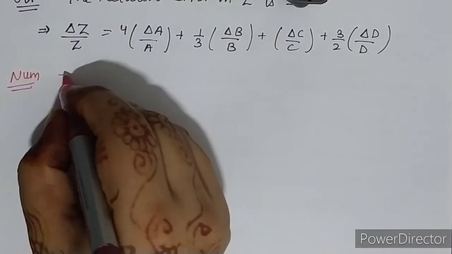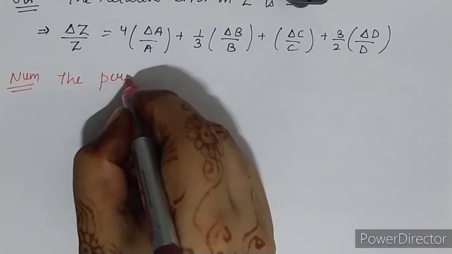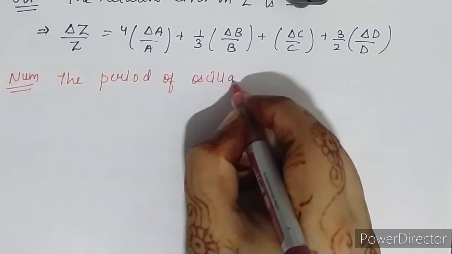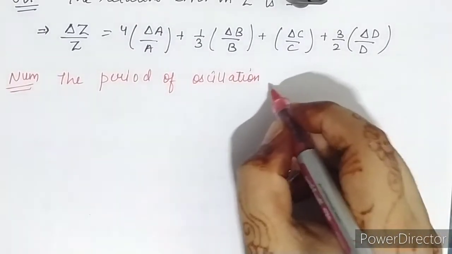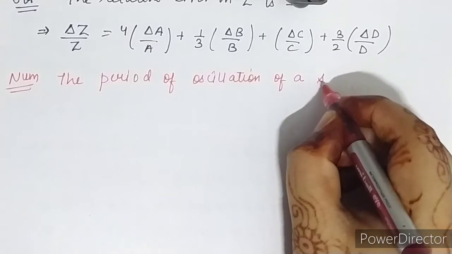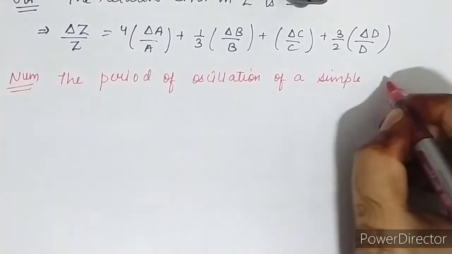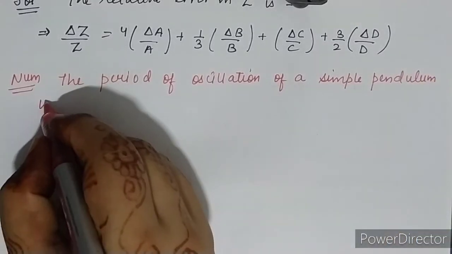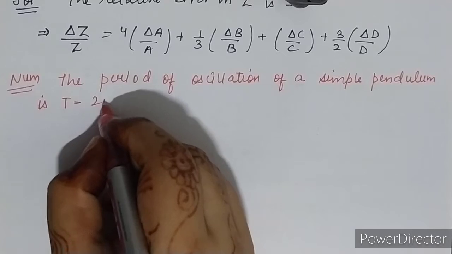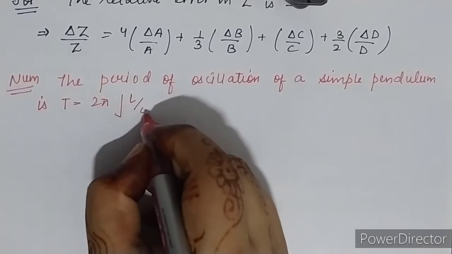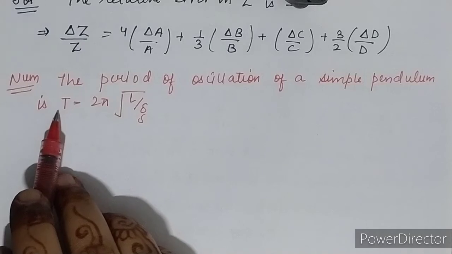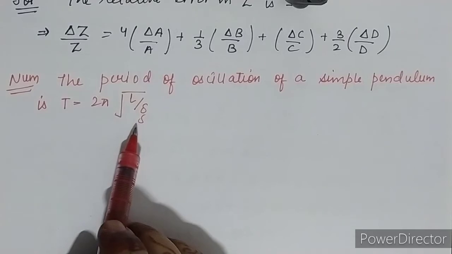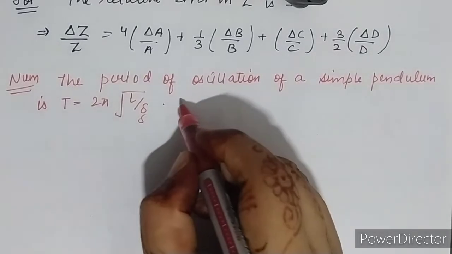The period of oscillation of a simple pendulum is T equals 2 pi under the root L upon G. This capital T is the period of oscillation of a simple pendulum, L is the length and G is the acceleration due to gravity.